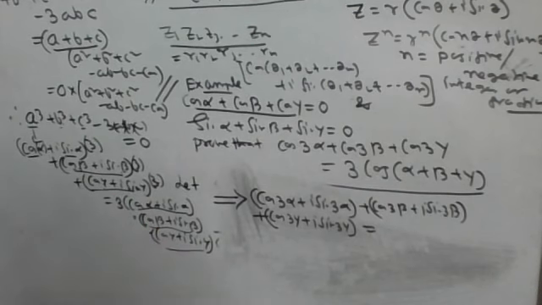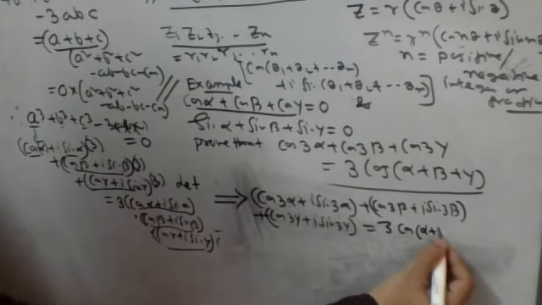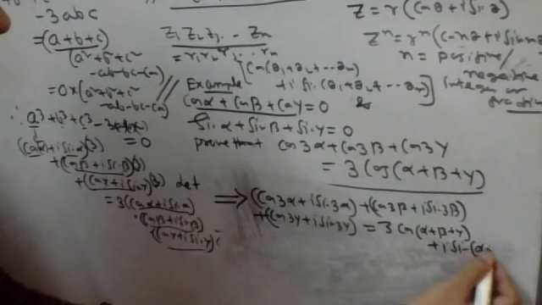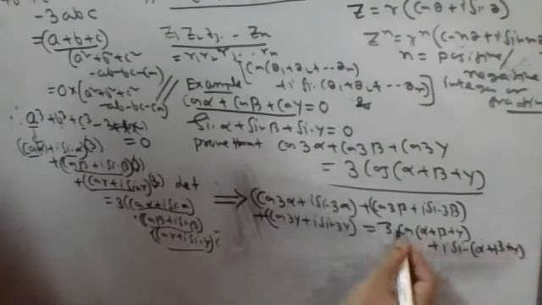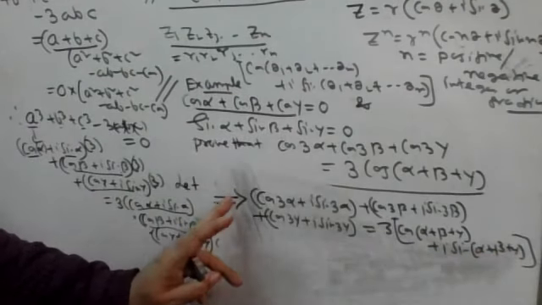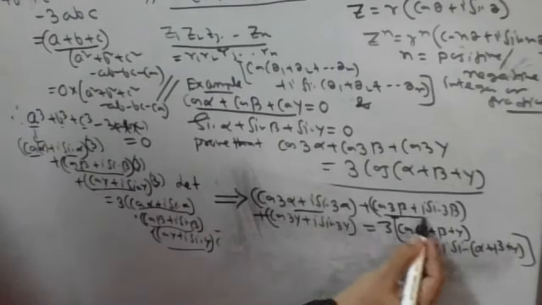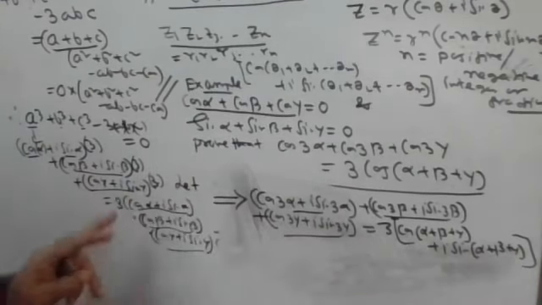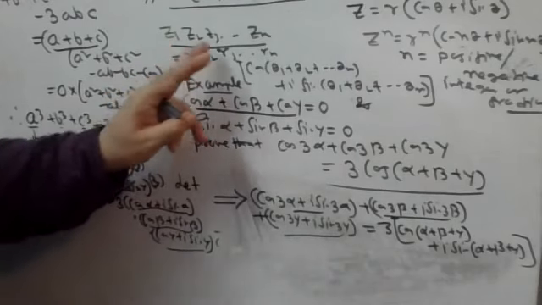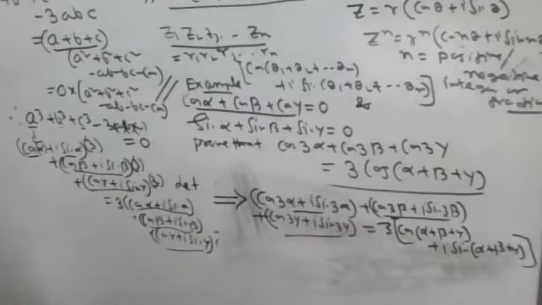You will get the representation of the angle in additive form: cos(alpha + beta + gamma) + i sin(alpha + beta + gamma). So by using De Moivre's theorem I have got this result, and using the product form of complex numbers in polar form, I have got this result.